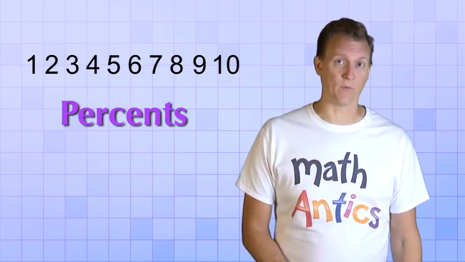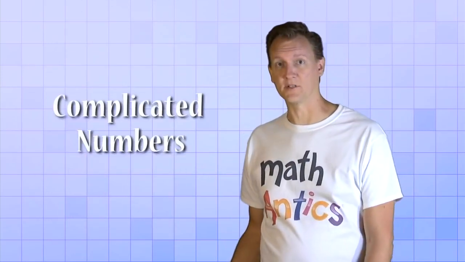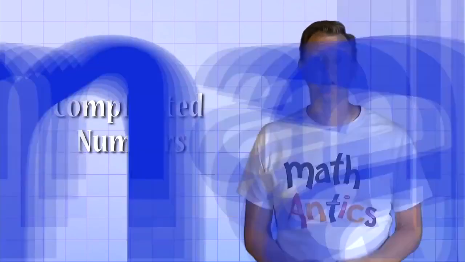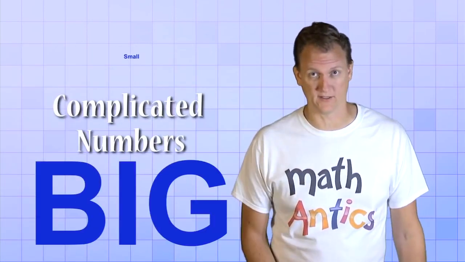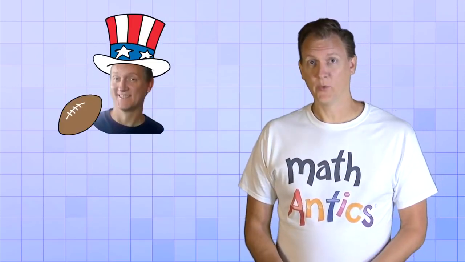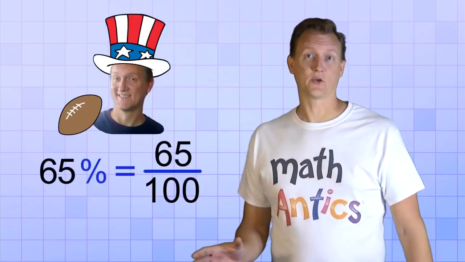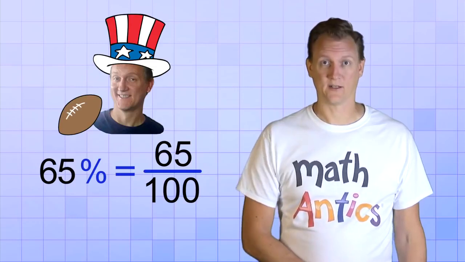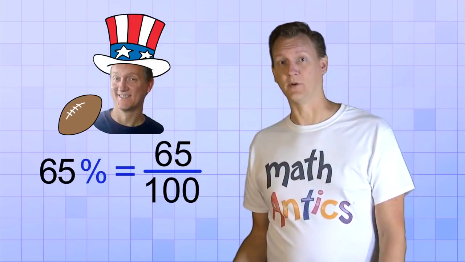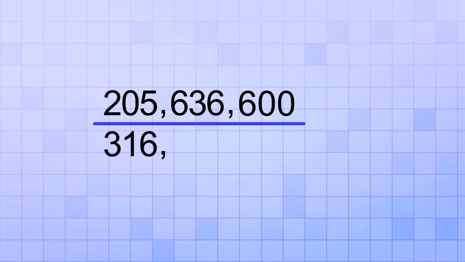And that's especially helpful when we're dealing with complicated numbers, like numbers that are either really small or really big. Remember our example about Americans in football? We used 65% to describe how many like watching it. Well, the actual numbers might look something like this. 205,636,600 over 316,364,000.